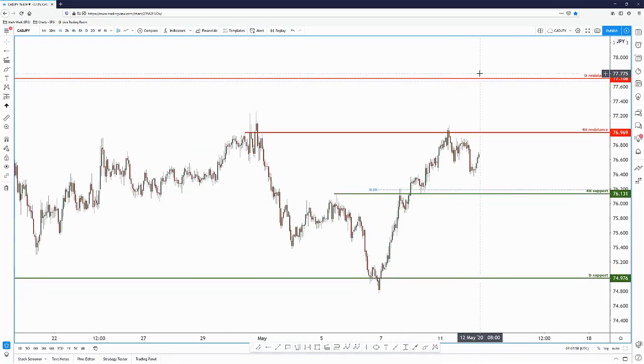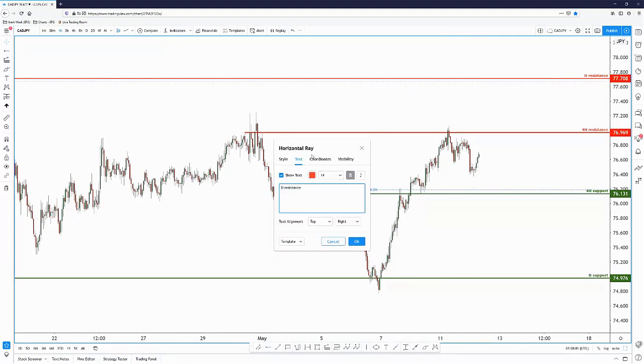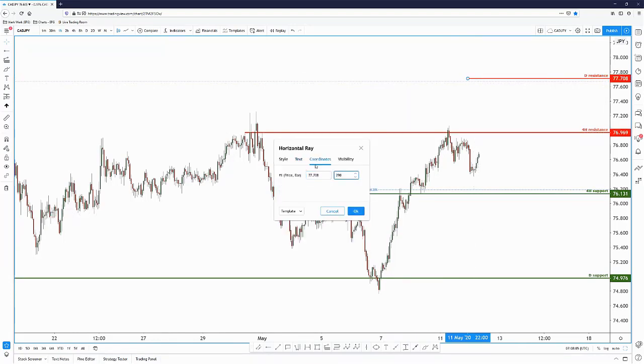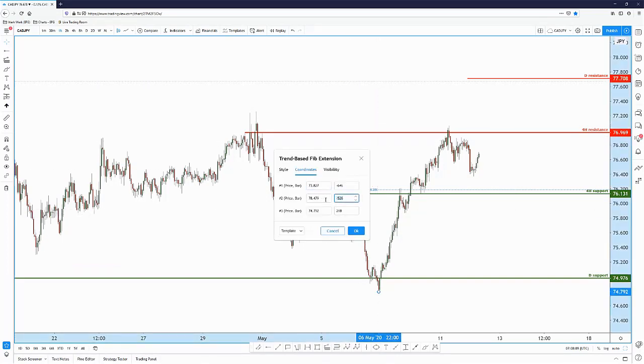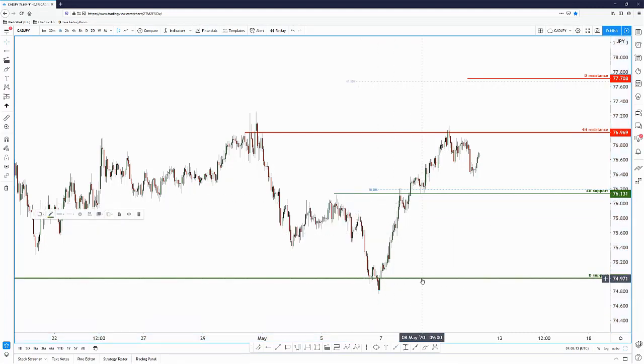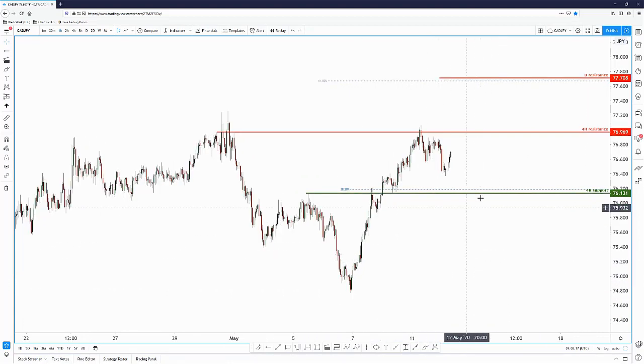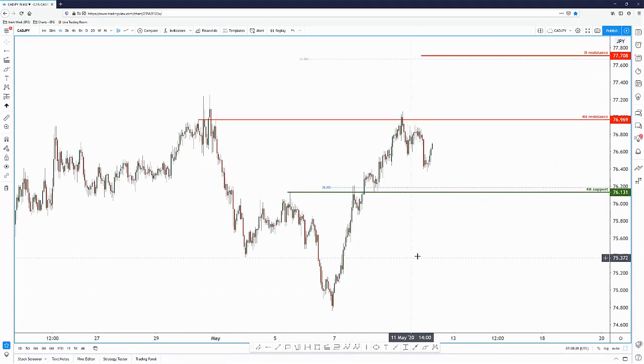Okay, so now we are on the 1 hour. Let me tidy this chart up for you guys so it's more presentable and easier to see. We can ignore the daily support because it's too far for now, so we just want to focus on this area here.